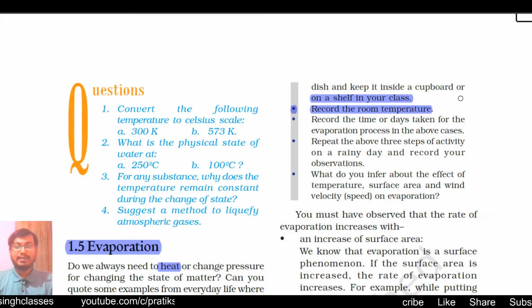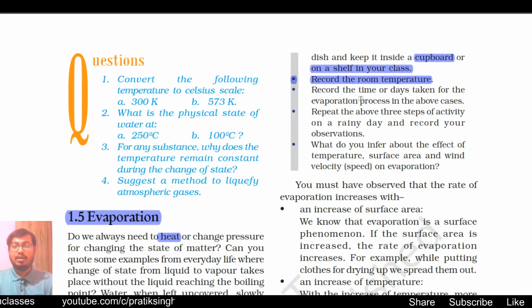In the second we have taken a china dish, poured 5 ml of water and again kept it in an open area under a fan or near the window. And in the third situation, we have taken 5 ml of water and poured that water in a china dish and kept that in a closed area, here given as a cupboard, which is a closed area. Fine. Record the time or days taken for the evaporation process in the above cases.